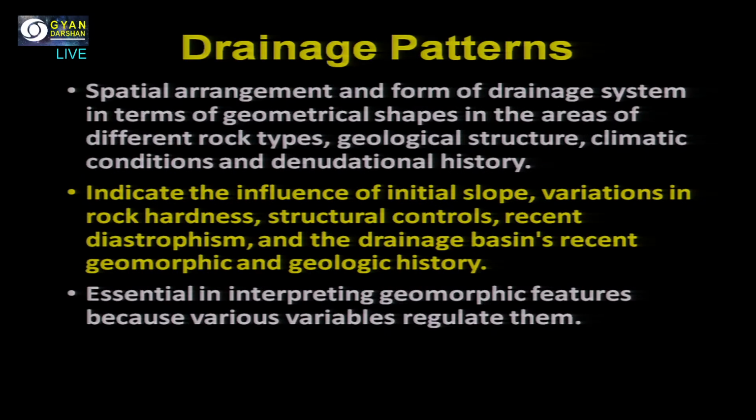Drainage patterns are the spatial arrangement and form of a drainage system in terms of geometric shapes, in areas of different rock types, different geological structure, climatic conditions, and denudational history.